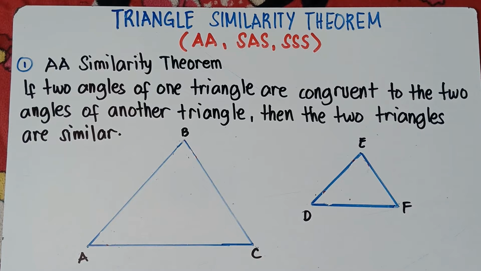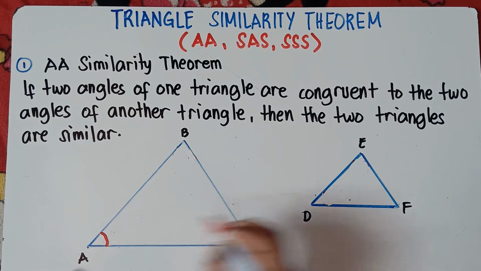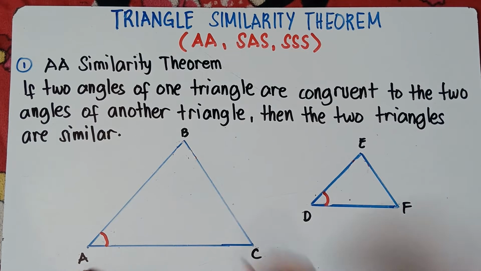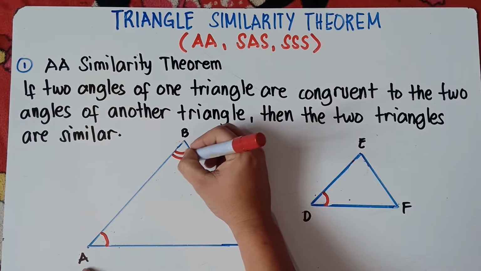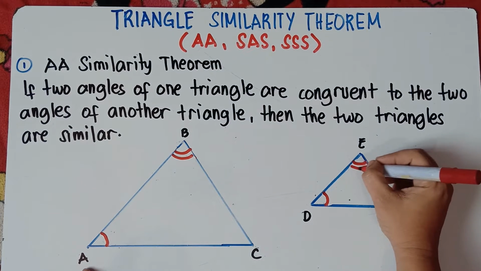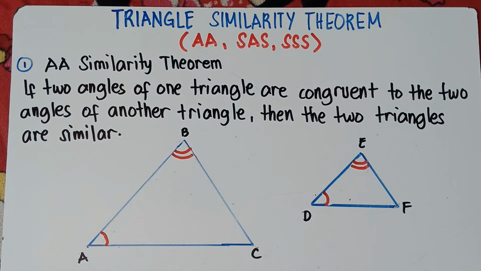So if we say that angle A is congruent to angle D and angle B is congruent to angle E, therefore these two triangles are similar.